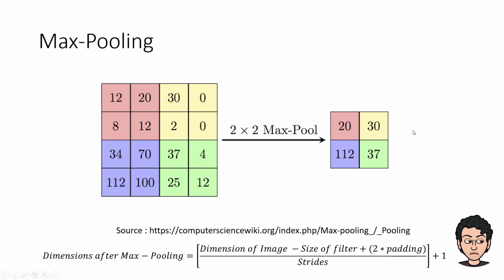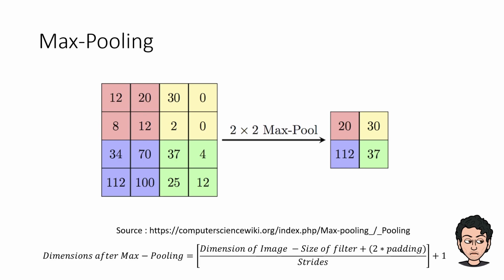Then the max pool is going to come over here and pick 30. Then it is going to go over here and pick the highest pixel value, 112. Why the highest pixel value? That might be one of the questions. Well, the highest pixel values basically give us more extracted features, and these features are then fed to the standard neural network.